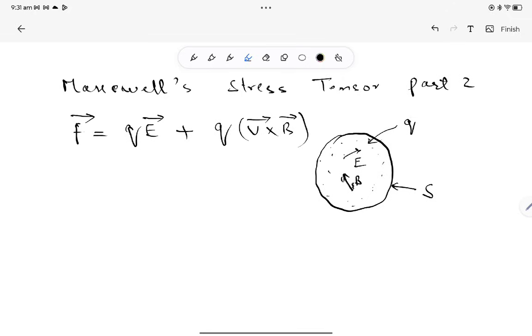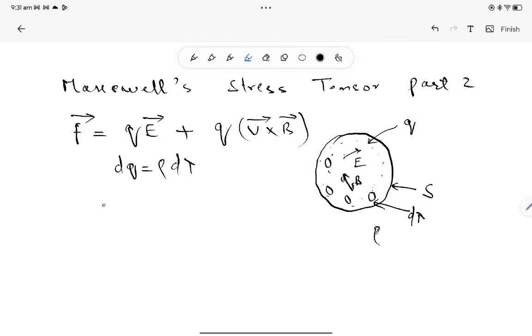Now, if we imagine this volume to be divided into small volume elements, each volume element we designate by d tau, tau because we are using V for velocity. If the charge density is rho, then the charge within this small volume will be rho d tau. dq will be equal to rho d tau.